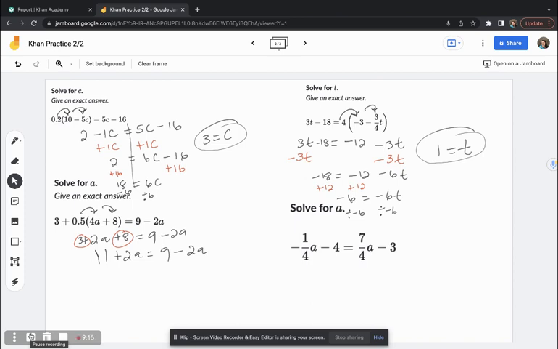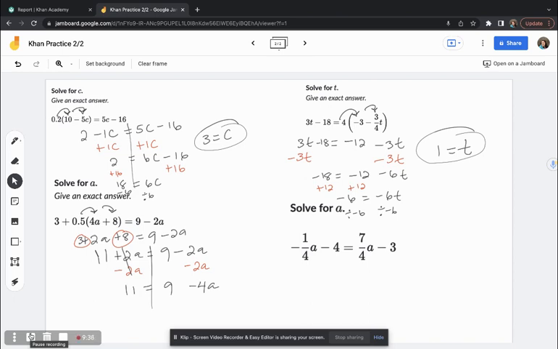And then I'm going to cancel out one of these variables here. So I have plus 2a, so I can subtract 2a. And negative 2 and negative 2 is going to give us negative 4. So I'm left with 11 equals 9 minus 4a.